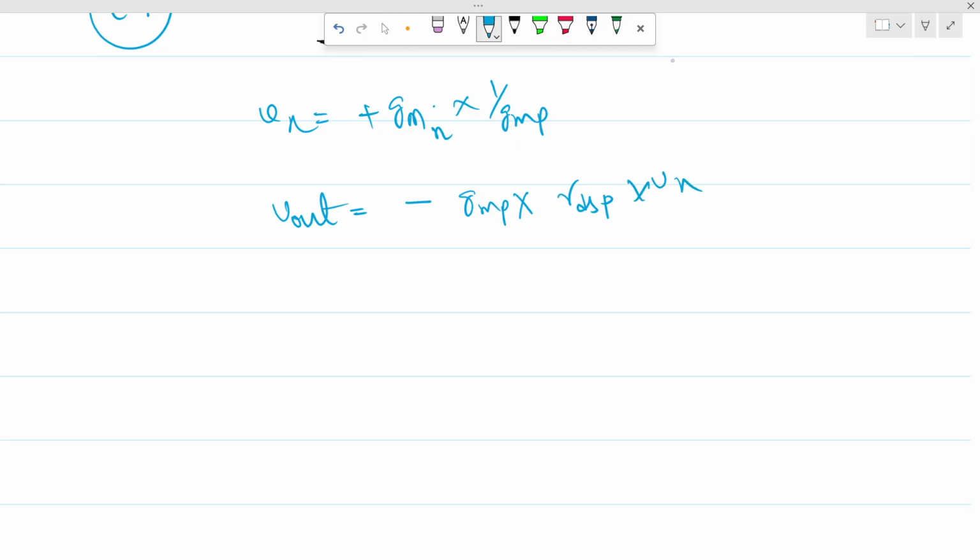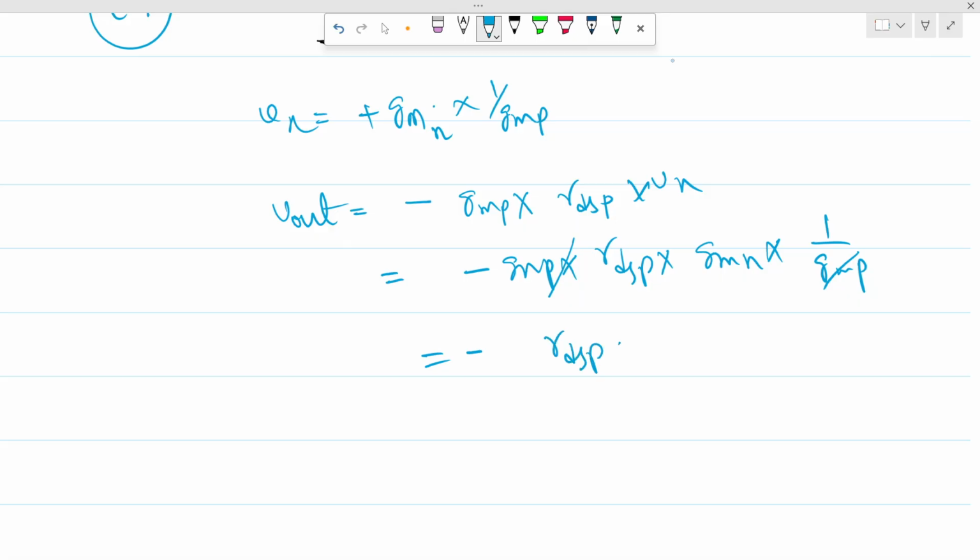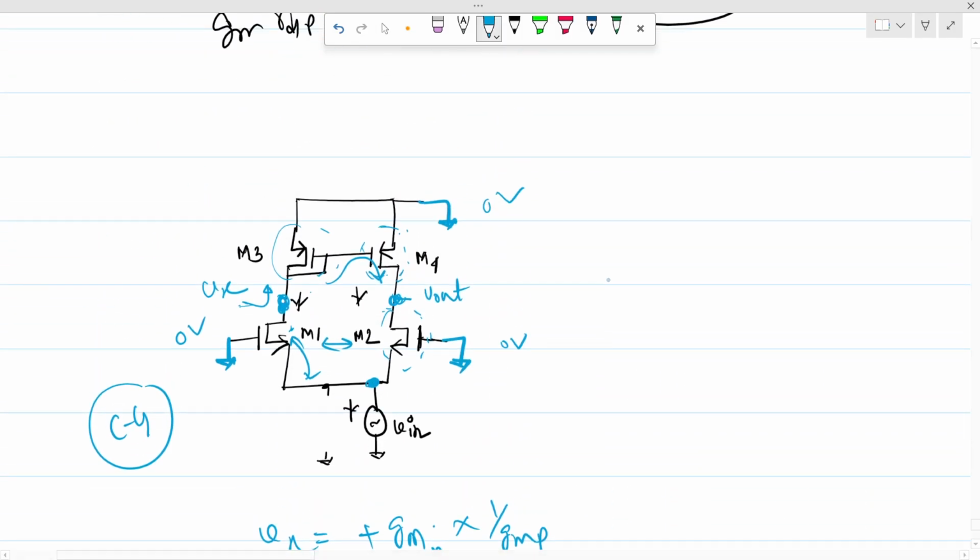So V out is nothing but GMP into RDS of P into GMN into 1 over GMP. We can see this cancels, right? So we are having minus of RDS of P into GMN. So the gain from that branch, from here to there, is that.